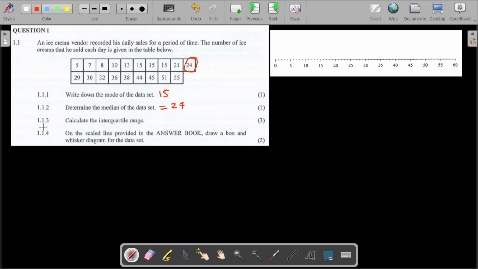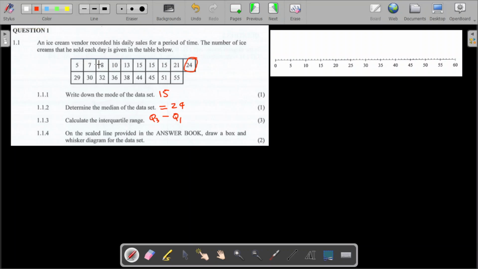Now going to 1.1.3, they're asking us to calculate the interquartile range. Remember, the interquartile range is Q3 minus Q1. So how do we get Q3? Q1 we find based on this side here, before the median.